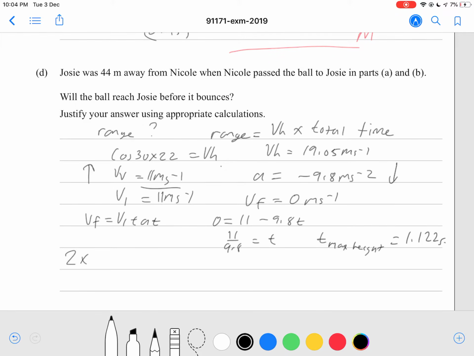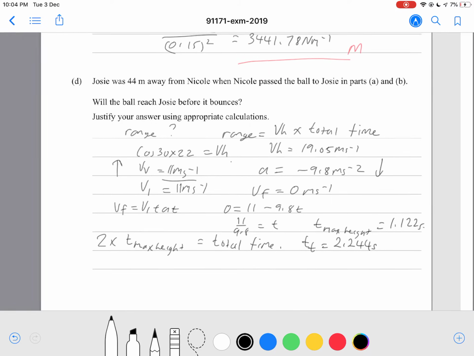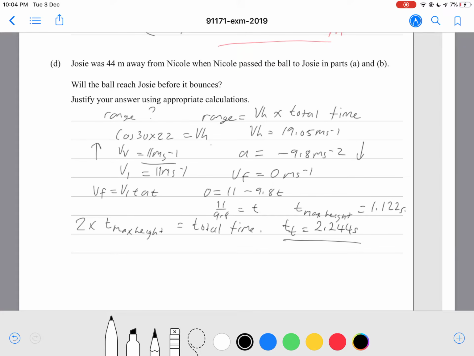However, the total time can be found using the relationship of the symmetrical parabola. Two times the time to max height equals the total time. So if we multiply by 2, the total time equals 2.244 seconds. Now we have our total time and our horizontal component.